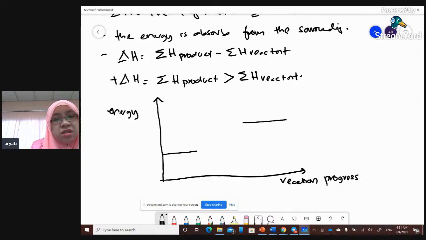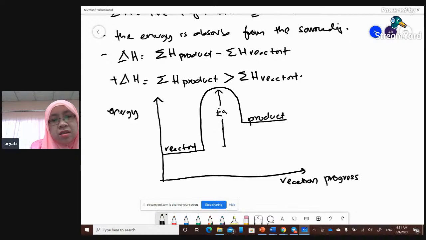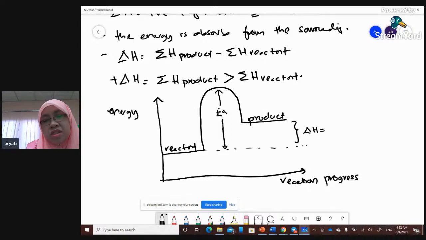So this is the reactant. This is a product. So from reactant to product, dia akan need some activation energy, EA. Okay, in producing reactant to product, so this reaction need to absorb the energy from the surrounding as much as positive.